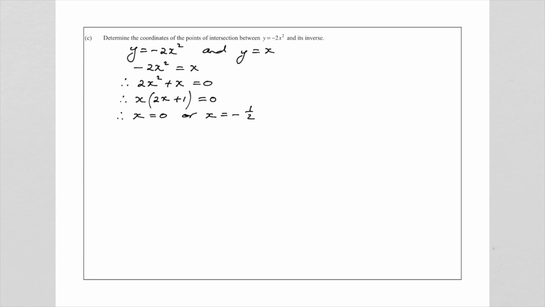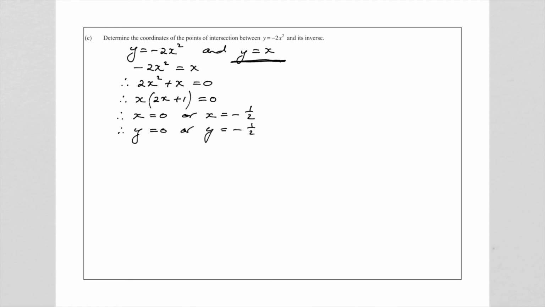And because this is one of the graphs that we use to solve it, you can see that y is equal to x, so whenever we have x, we also know what y is. So that means that y will also be 0, or y will be minus a half.